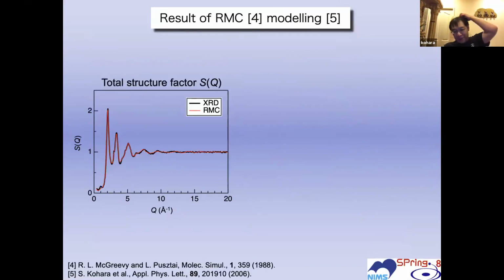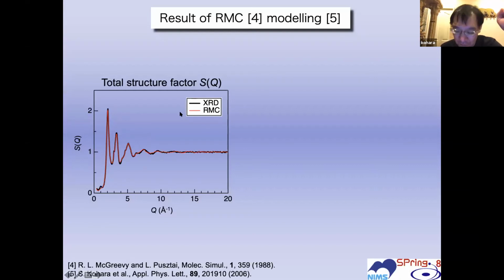So it is necessary to analyze the atomic structure beyond the first coordination distance. Okay, and this is a very old paper, 2006, and this is not such good quality reverse Monte Carlo modeling, because this GST contains germanium, antimony, tellurium, 3 atoms. So we have 6 partial structure factors, but we have only one experimental dataset. So this solution is not so unique.